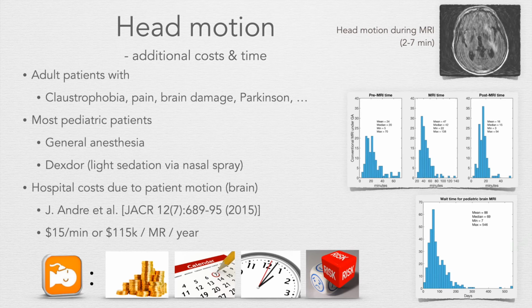And they all add together, obviously, for the full exam. At the bottom right, you see the waiting time for the pediatric brain MRI at Karolinska. Most of the patients do get an MRI within 3 months, but there are outliers that have to wait 1.5 years for a brain MRI.